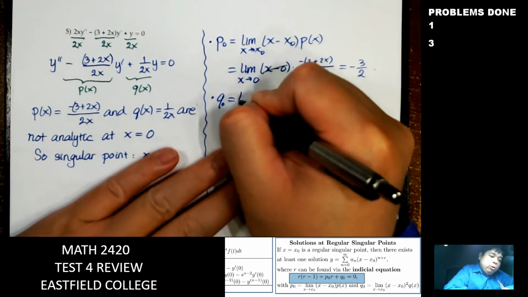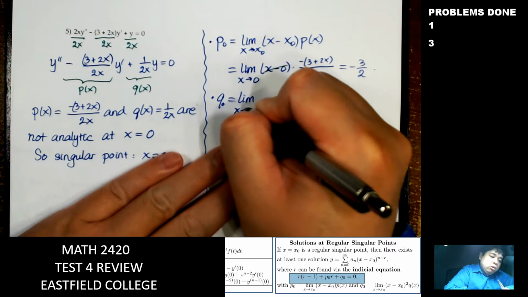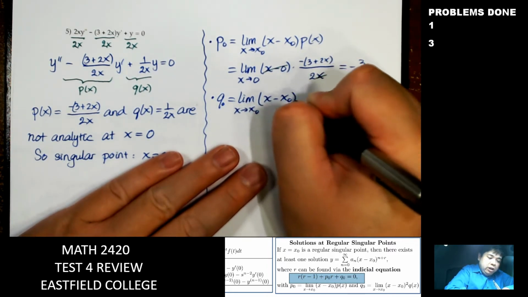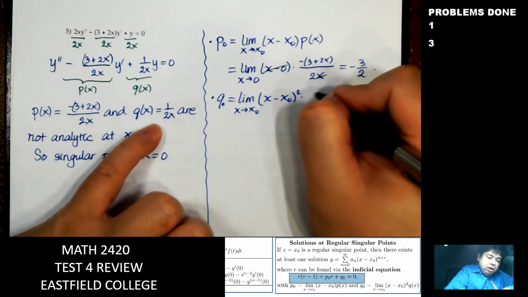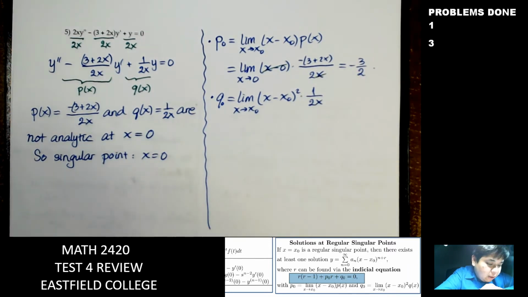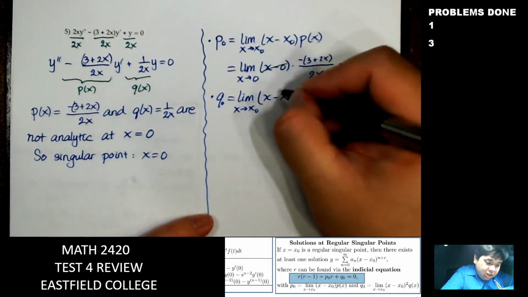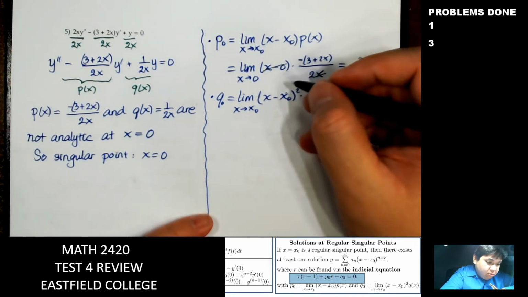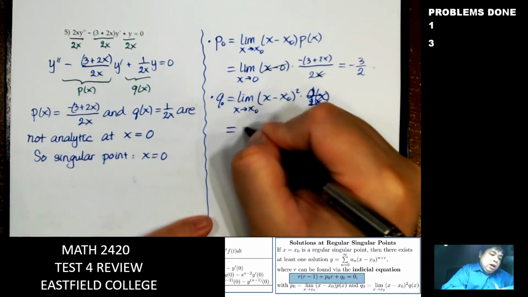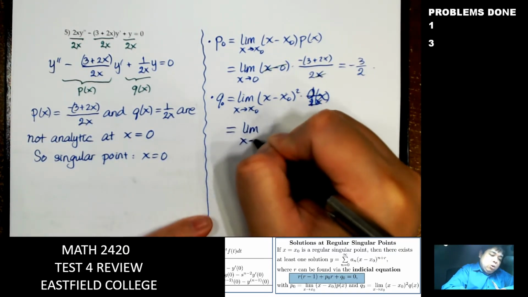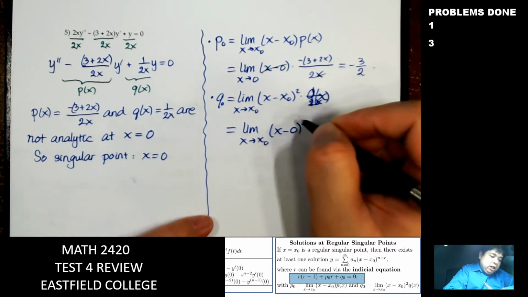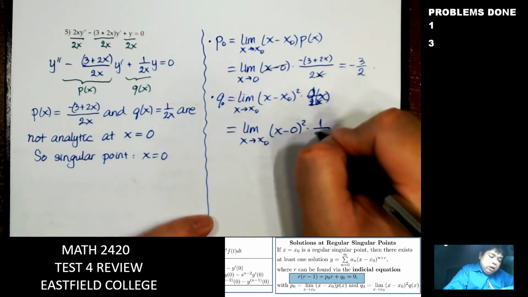Now we find Q naught. Limit of x goes to x naught, (x minus x naught) squared, Q of x, 1 over 2x. I should write just Q of x first to be a little consistent. So limit x go to x naught, x minus 0 squared Q of x, 1 over 2x.